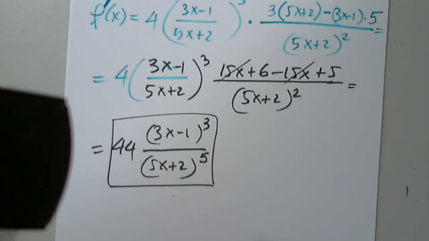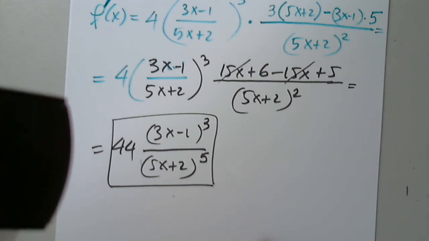You multiply the 6 plus 5 by 4, but isn't that 11 the numerator of the 5x plus 2 squared? Basically, wouldn't it be 44 over 5x plus 2 squared?